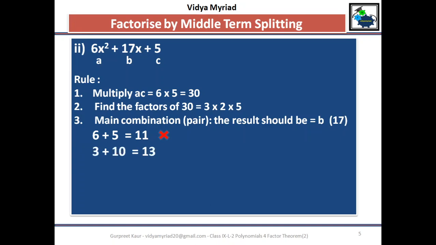Next combination, I have taken 3 plus 10, since 5 twos are 10. Again, it is a wrong combination because I want 17. So what could be the possibility? Now I have done 3 into 5, 15. 15 plus 2 is 17, which is the right combination.